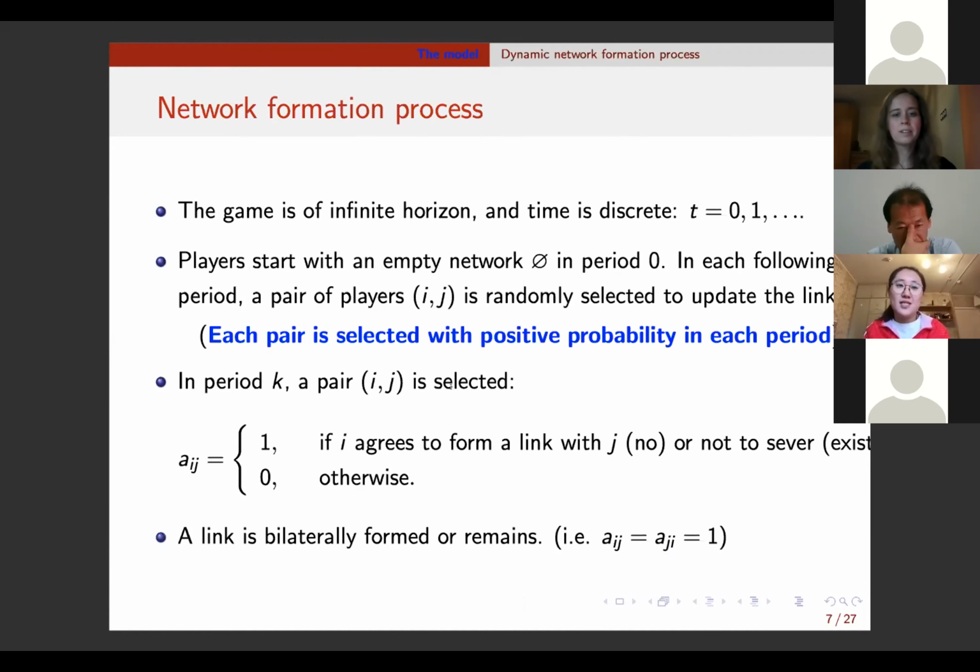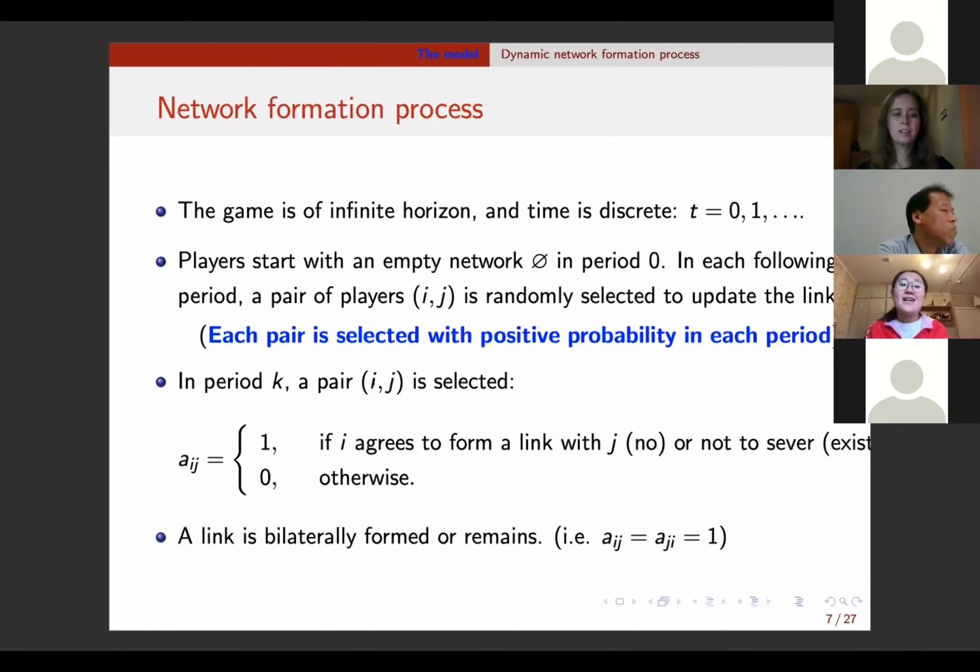Now let's describe the specific model, the network formation process. Players start with an empty network in the initial period 0. In each following period, a pair of players will be selected randomly to update the link.